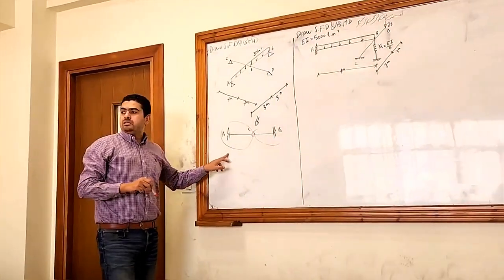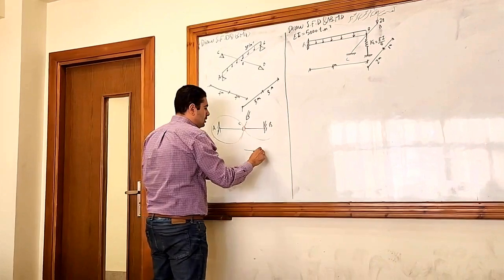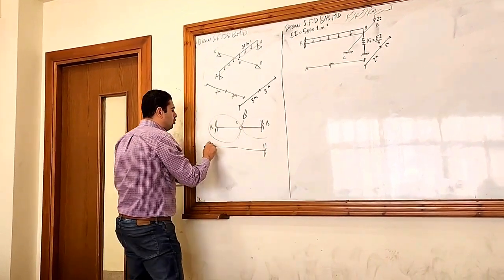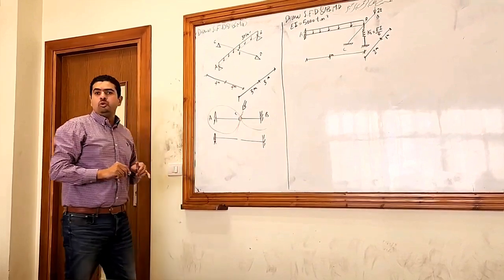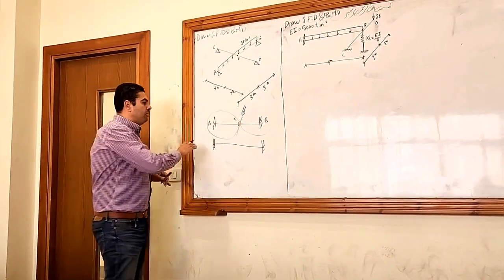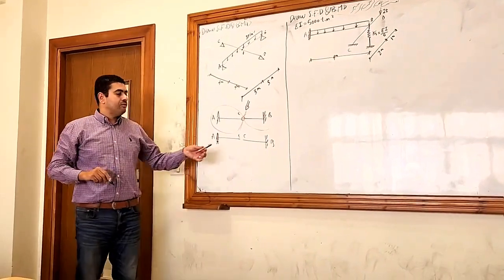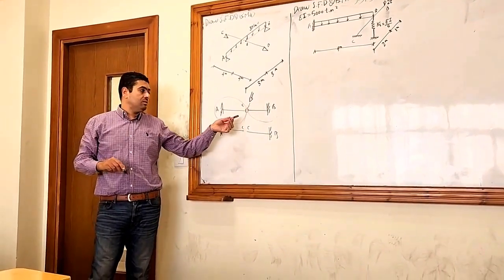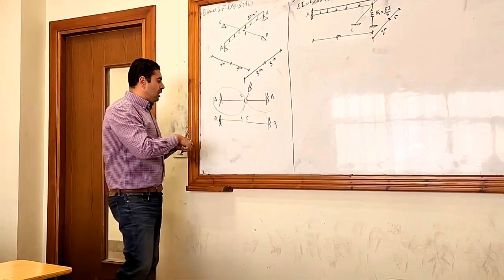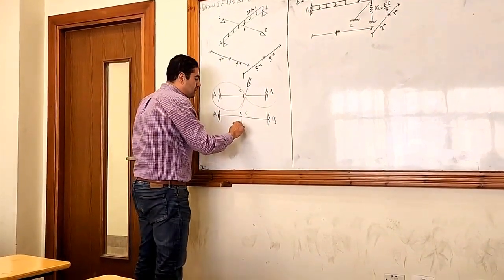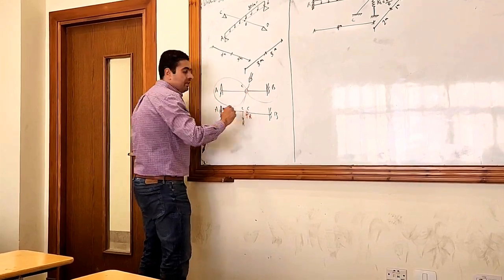How did we solve this example? When we solved this, I didn't know which one is the main and which one is the secondary, so I put them on the same level like this. The only information I knew here, because there is a compound beam with one above the other, is that there is a reaction here and another reaction in the opposite direction.